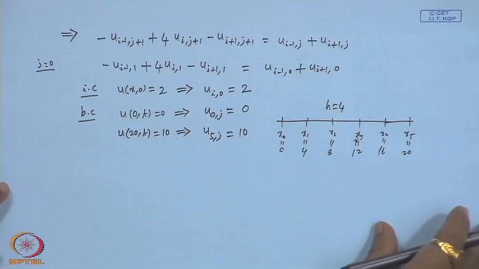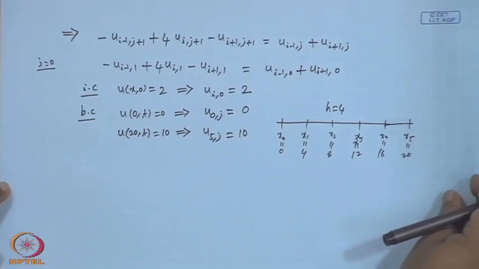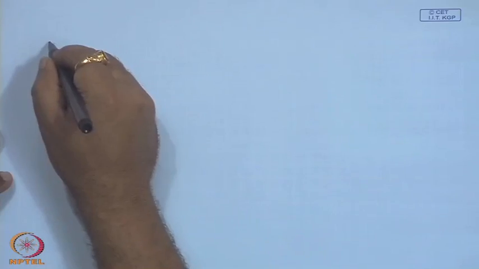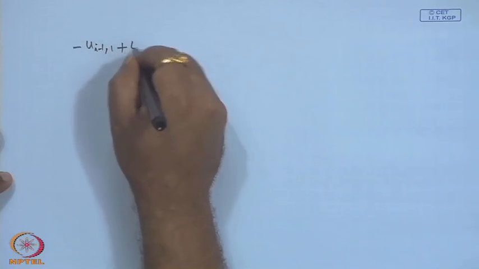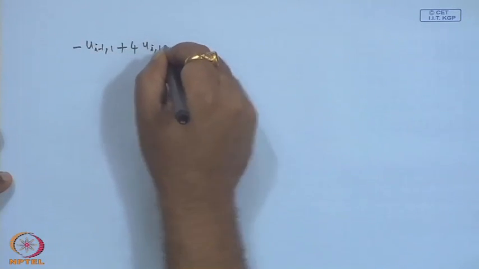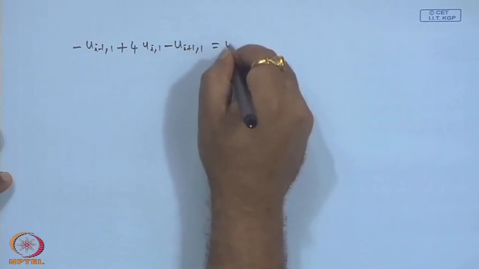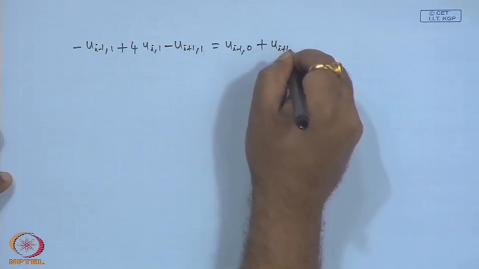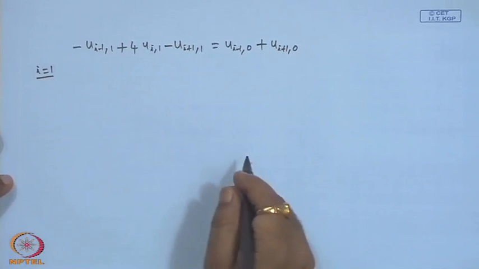So, now let us write down the equations corresponding to I equals to 1. Okay. So, our equation is minus. Okay. So, now let us write I equals to 1.